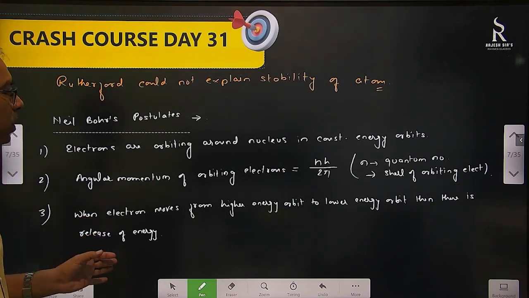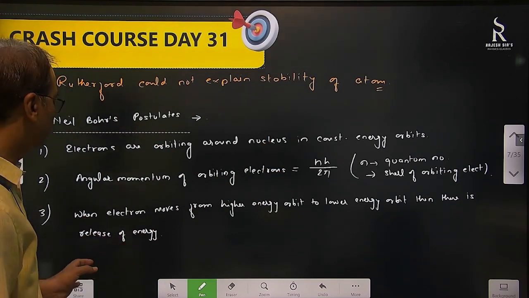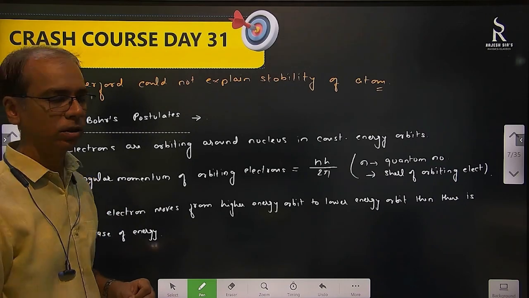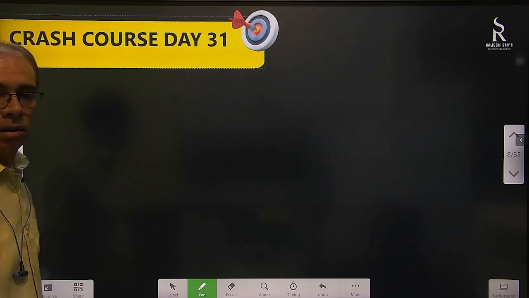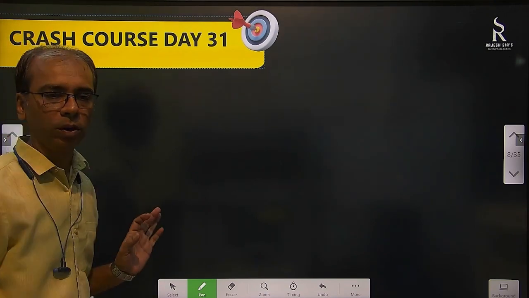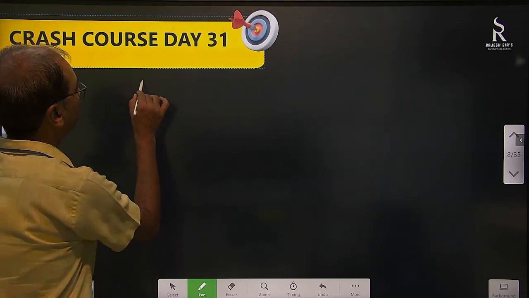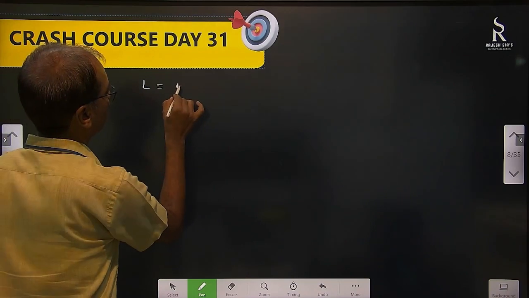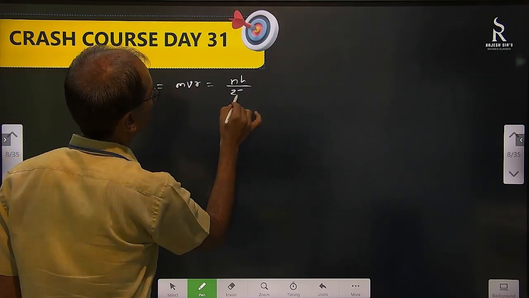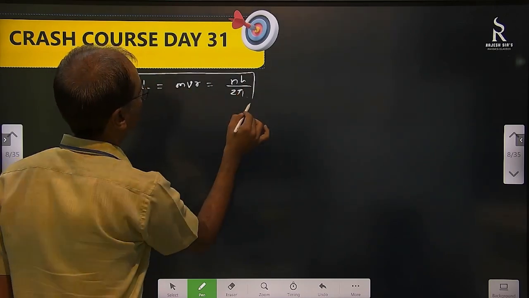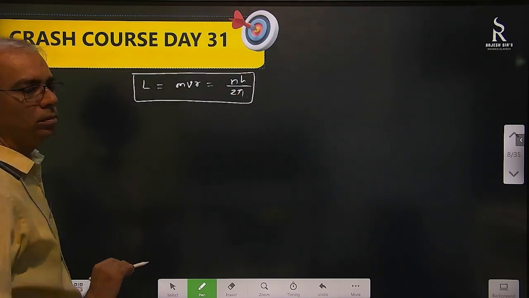And when an electron moves from a higher energy orbit to a lower energy orbit, there is a release of energy. So this was concluded: angular momentum, which we represent with L, is actually mvr, and that is equal to nh by 2 pi according to Niels Bohr.